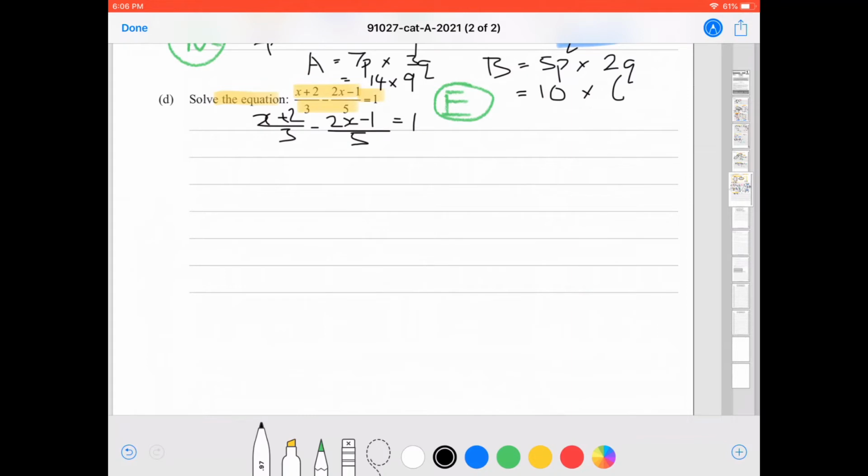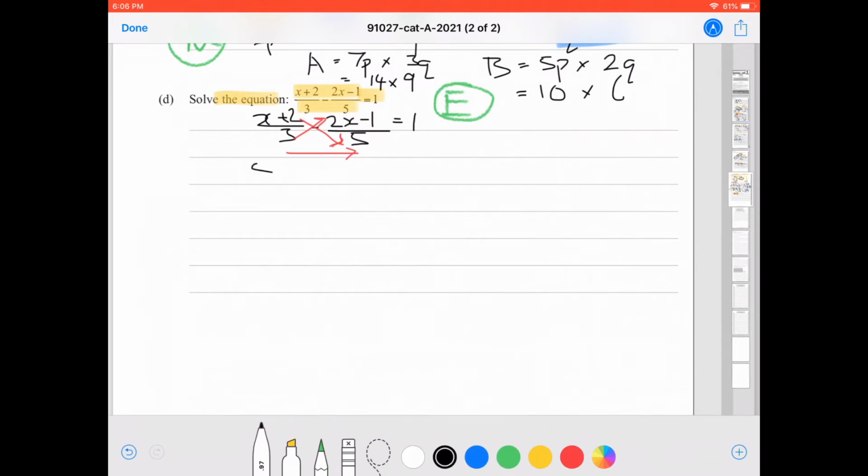We can't factorize, so we're going to go ahead and cross multiply in this case. We're going to multiply diagonally, and we're also going to multiply our denominators.